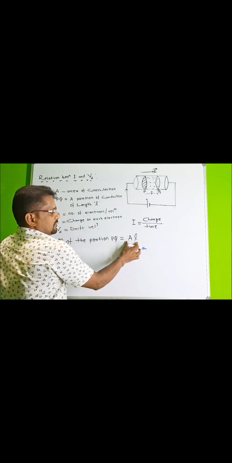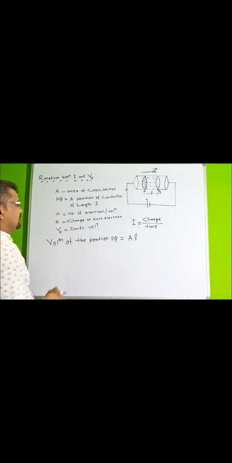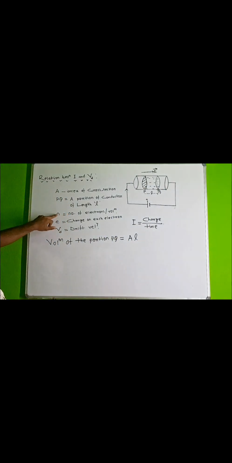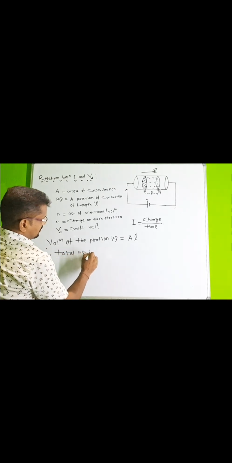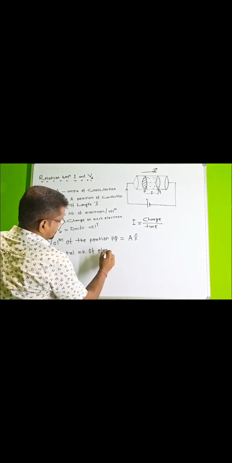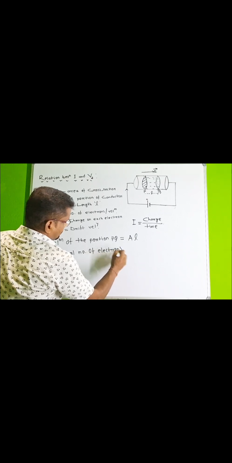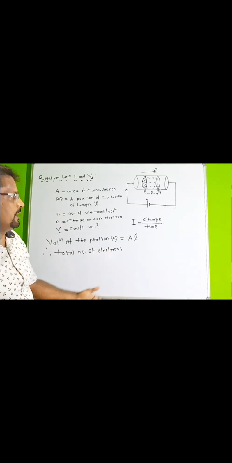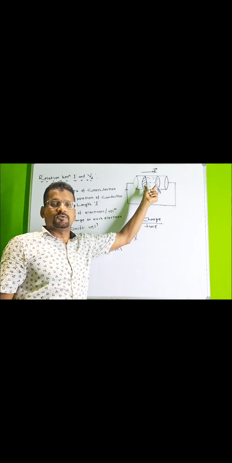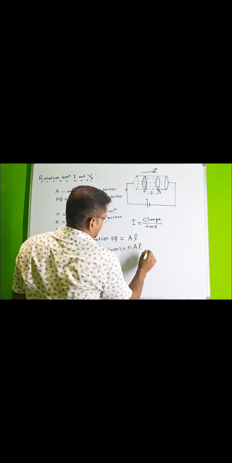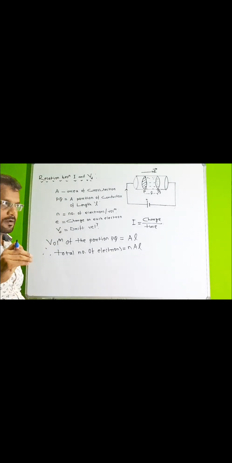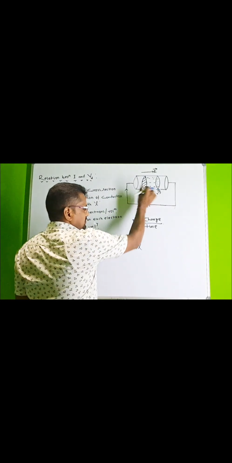After calculating the volume as AL, per unit volume what is the number of electrons? Electron density is n, the number of electrons per unit volume. Therefore, you can say the total number of electrons in this portion is n times AL. Now what is the total amount of charge?